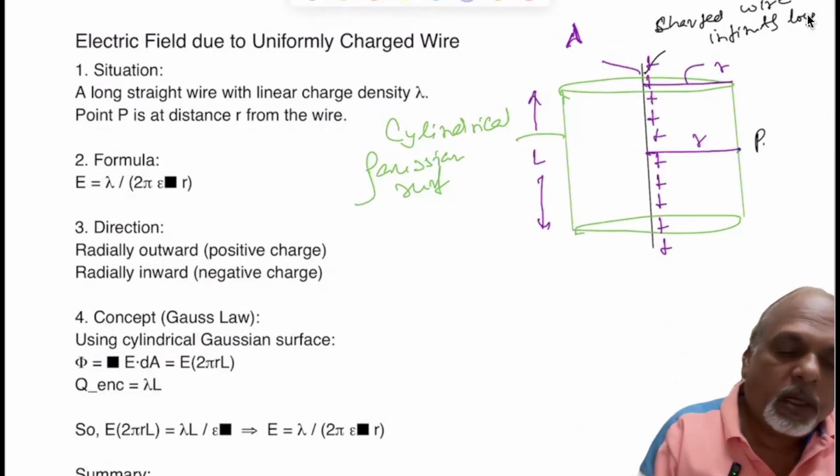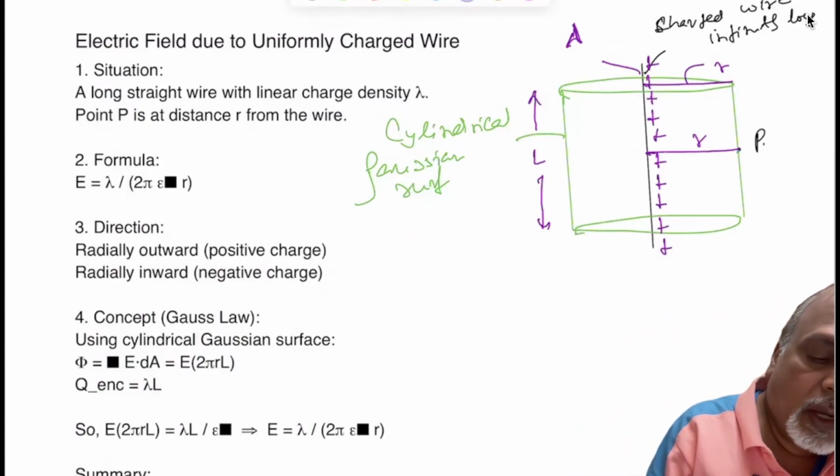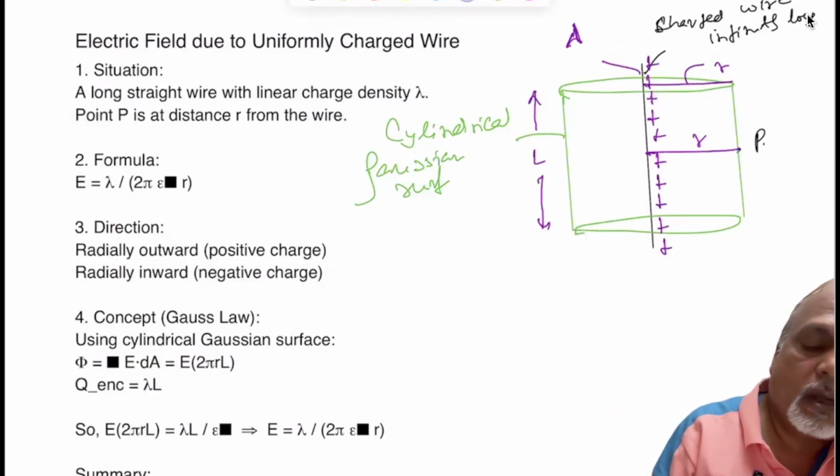So, as you see, due to this wire, what will be the electric field? This electric field will be in this direction.